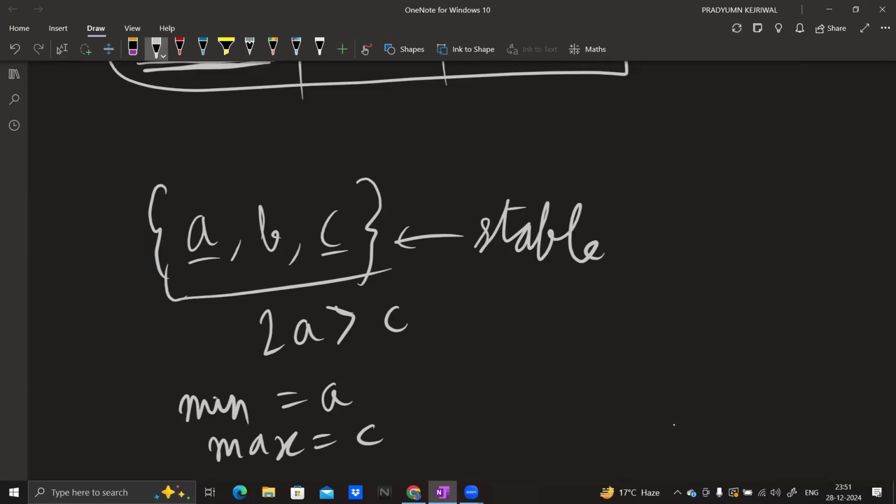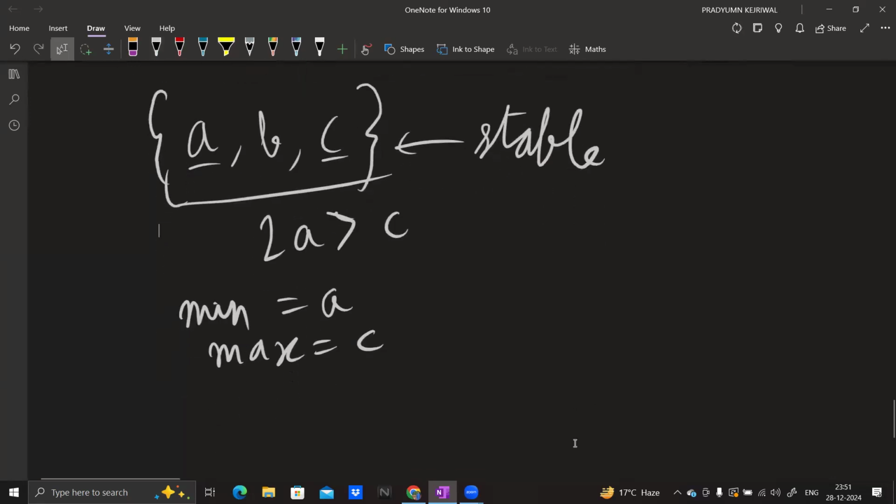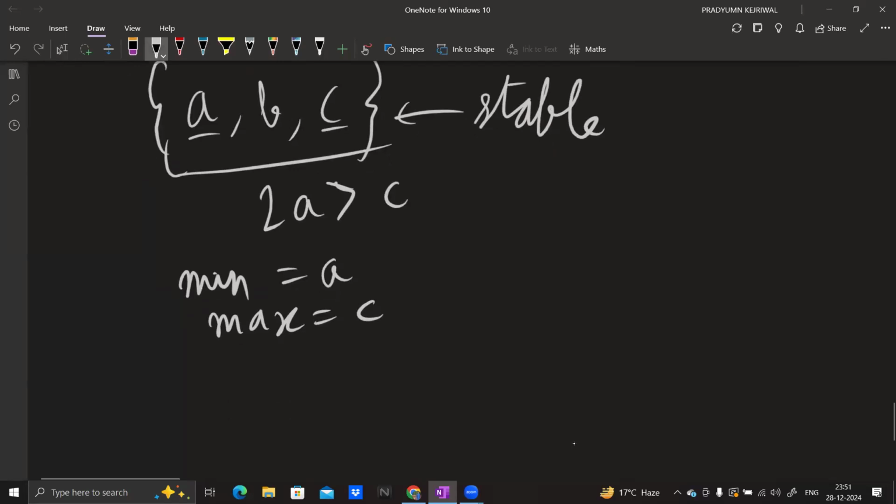Now, if you take a subset of this, do you agree that the minimum can always increase? Either it can stay the same A or it can increase, because if I remove this A, then it will increase, but it can never decrease. Do you agree with this? Yes, and the maximum can only decrease.